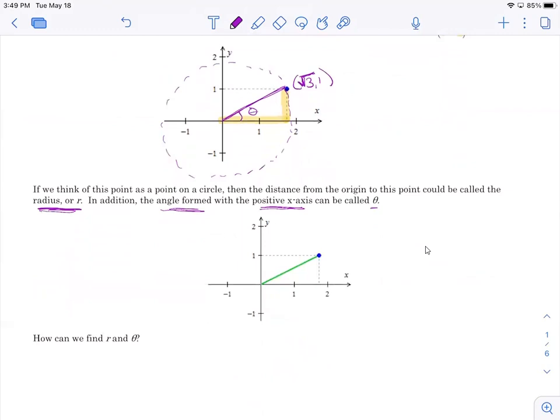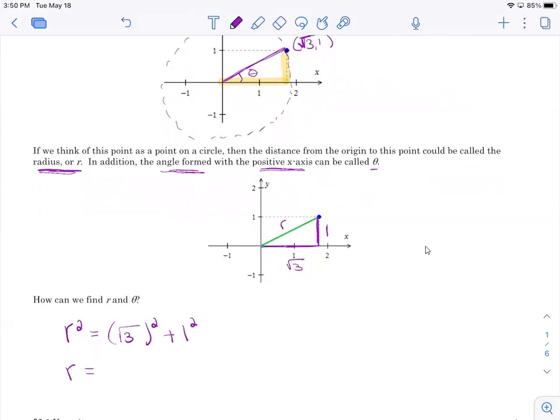So I can figure out R because I know that this length from here to here is root 3, and I know this length is 1. So to find R, what we've been doing this entire term, we're going to use the Pythagorean Theorem. So R squared equals root 3 squared plus 1 squared.